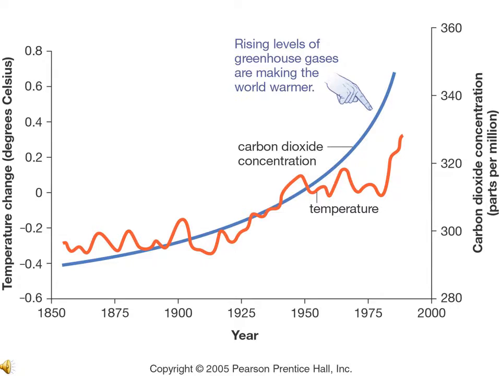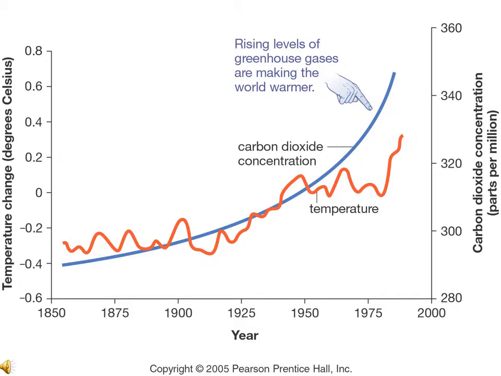Now, there's considerable controversy with respect to two things. One, is global warming real? And two, how much of an impact does man have in this process? I confess to you, I walk a middle road here.